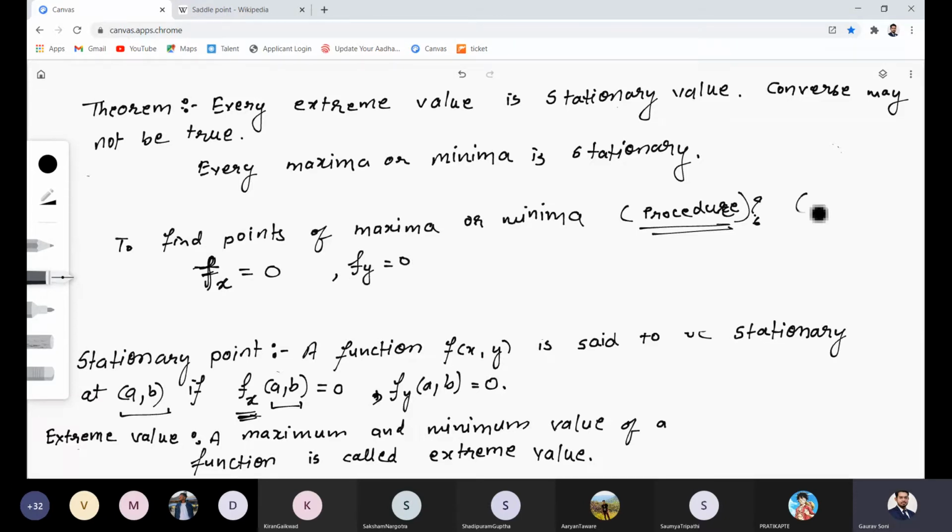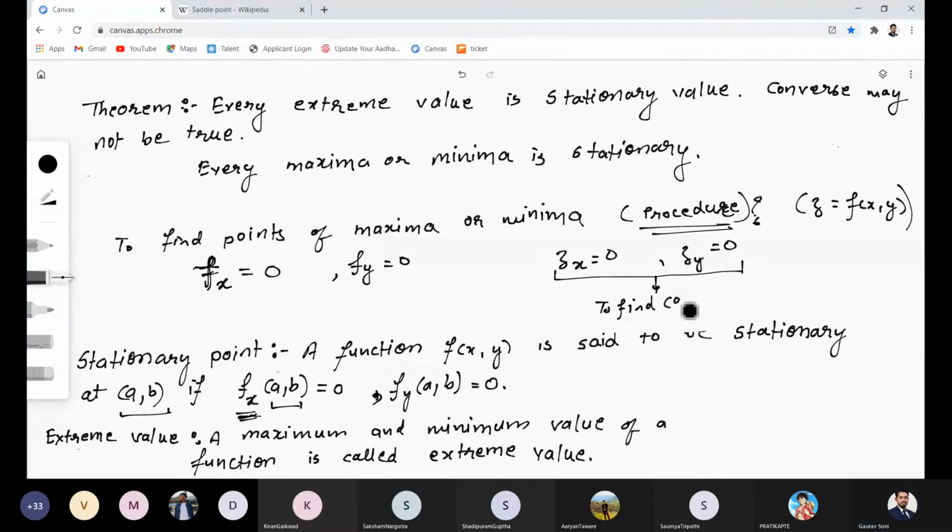So if I have the function z is equal to f of x comma y, then I'll take the derivative with respect to x equated to 0, and the derivative with respect to y equated to 0. I'll solve these two equations to find a comma b. In the procedure to find a b, I may get 3 points, x1 y1, x2 y2, and x3 y3.